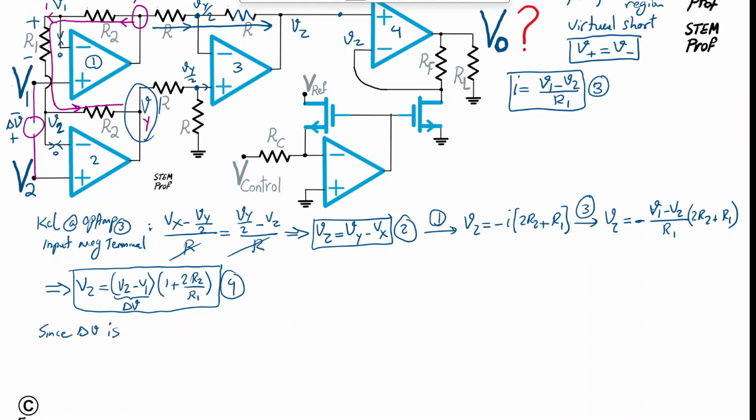Since delta V is expected to be very small, on the order of, say, 100 microvolts to tens of millivolts depending on application, then depending on the adjustment for R2 and R1, we get that Vz will be on the order of, say, 10 millivolts to 100 millivolts, in that ballpark.